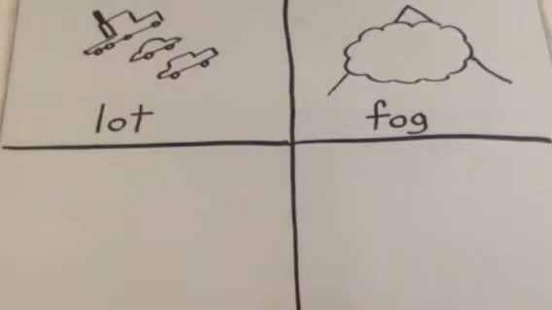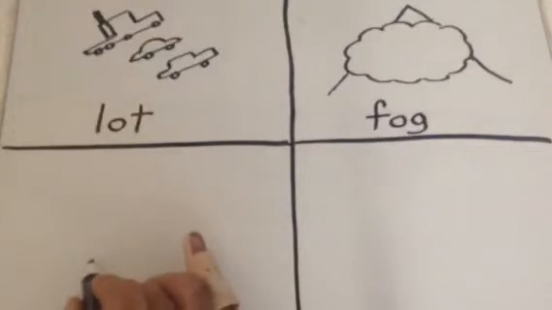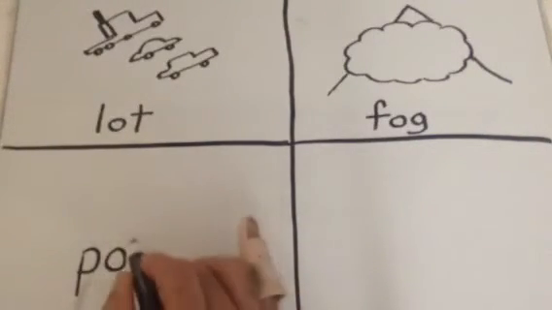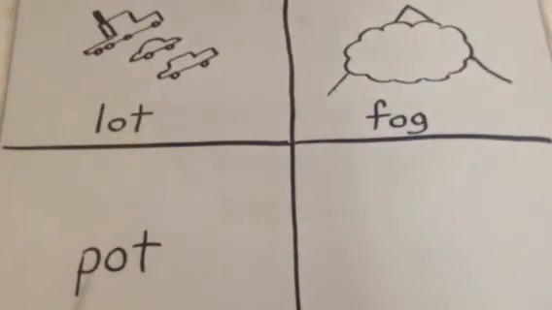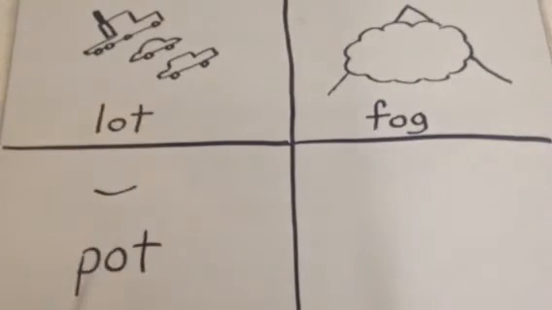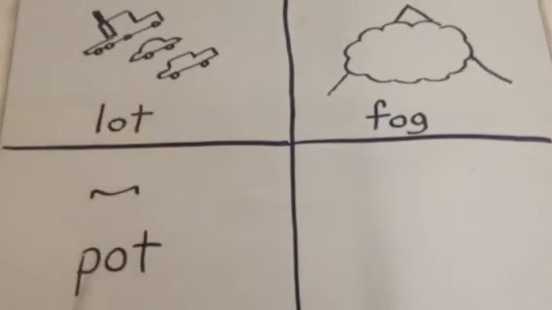All right, next up is a pot. P. Oops, can't see that one. Let me get a little bit higher. P-O-T. Pot. And so for pot, what we'll do is we'll draw a curved line, and on the sides 2 lines going down.